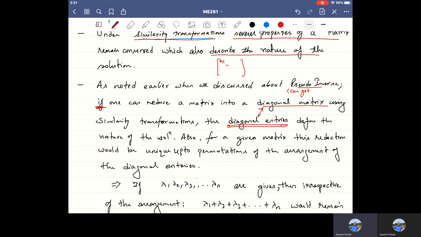So what that means is that when you try to reduce a non-diagonal matrix into a diagonal matrix by similarity transformation, what you do is you perform some operations on the row and reduce whatever is below to 0. Okay, then you can perform the corresponding column operations in this direction, and then you can reduce whatever is non-zero to 0 in this way.